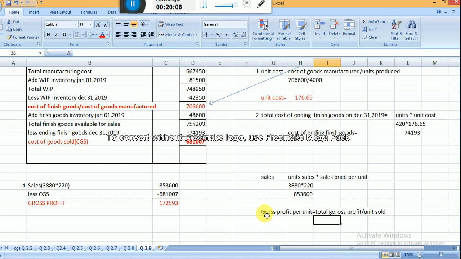Total gross profit is 1,72,593 divided by the 3,880 units we sold.